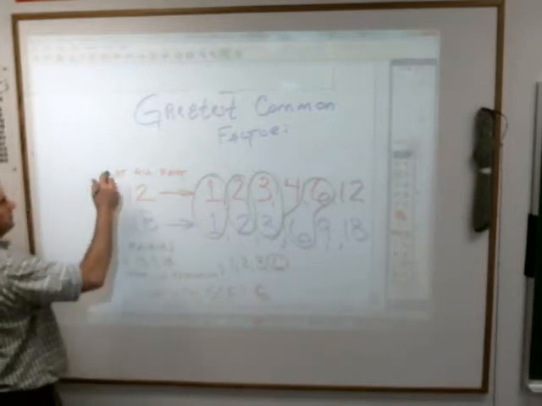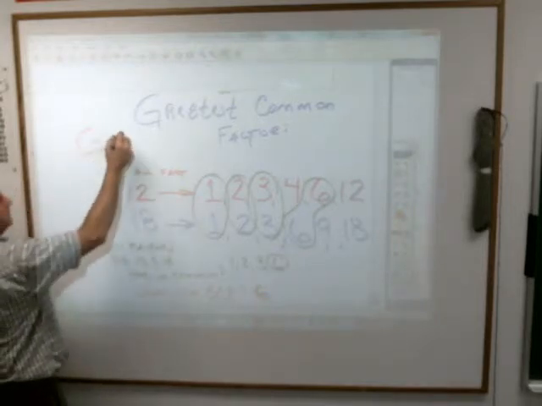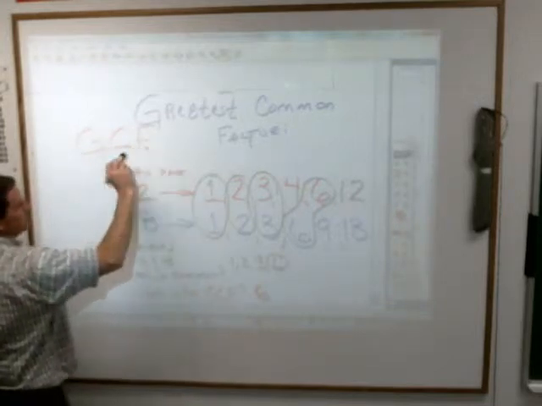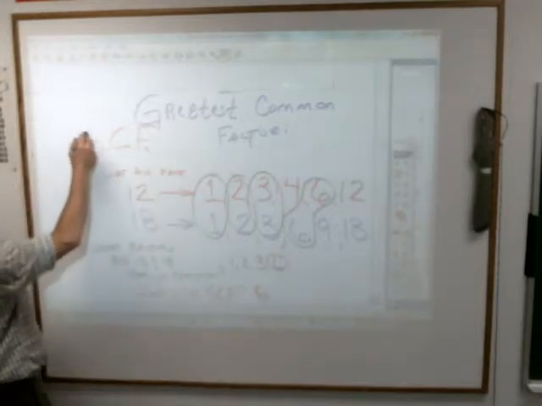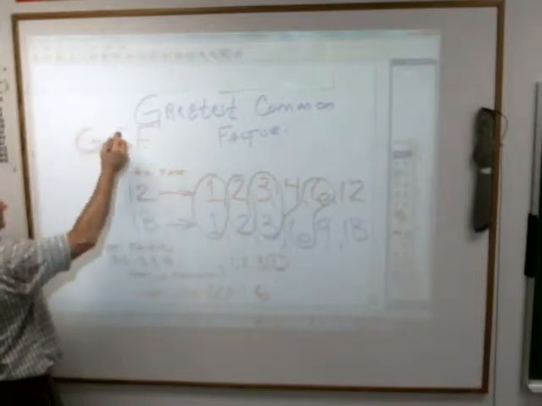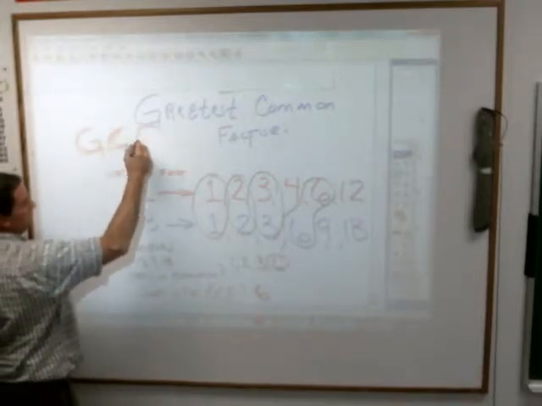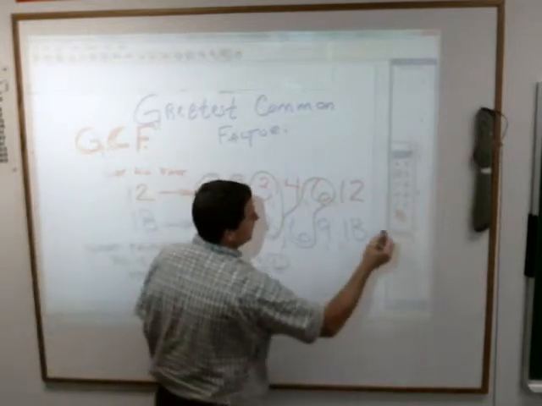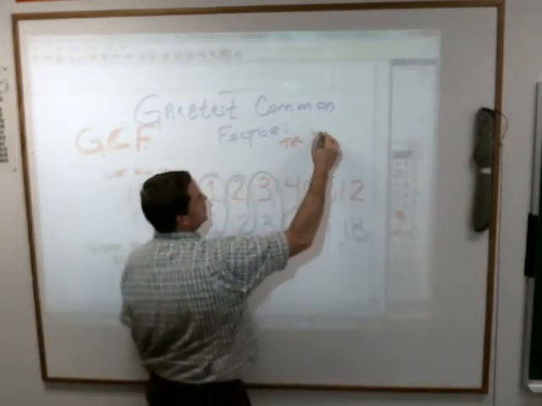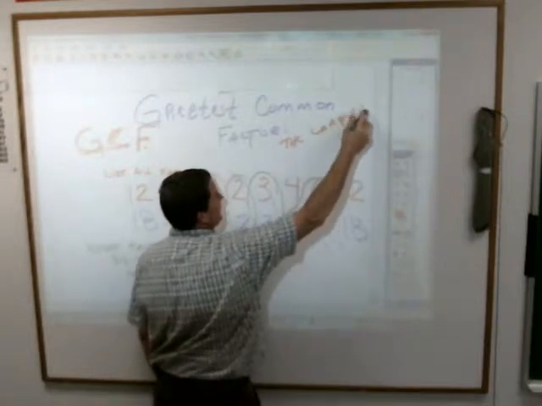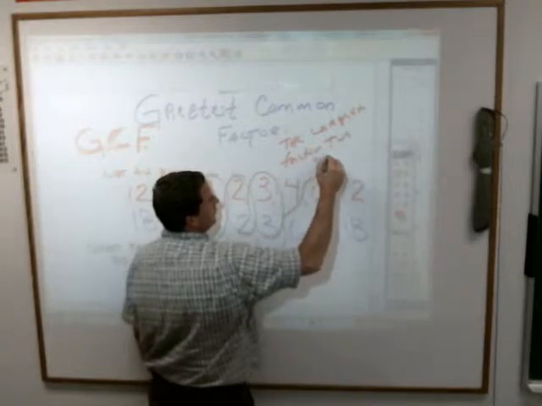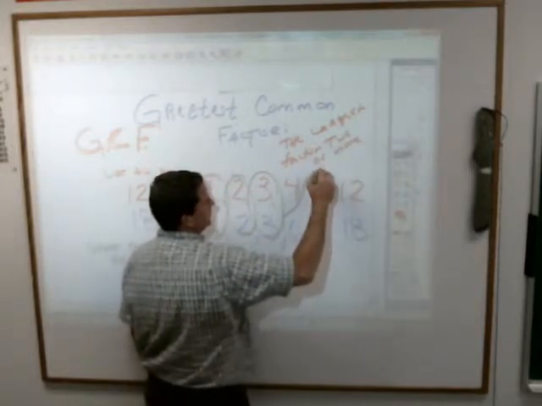And by the way, when you see these letters, GCF, rather than always writing out the words greatest common factor, they will give you this instead, just because it saves us a lot of time. So the greatest common factor is the largest factor two or more numbers have.